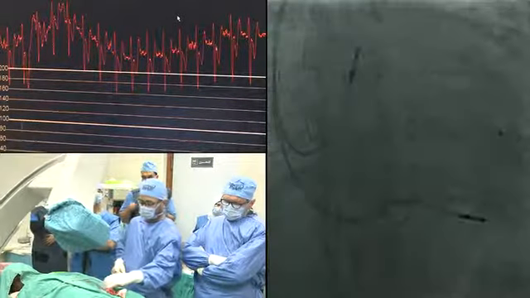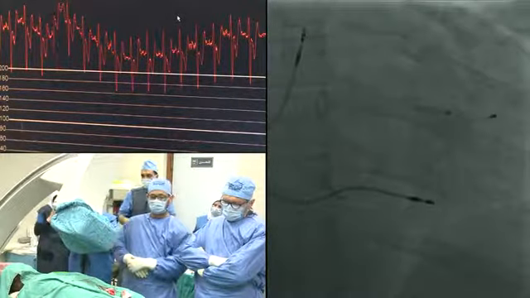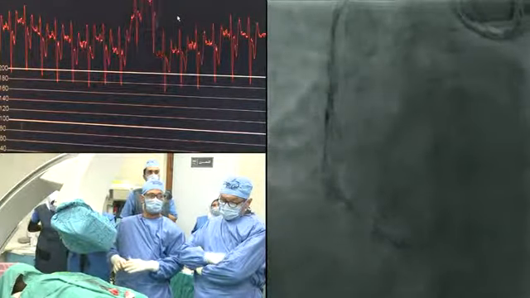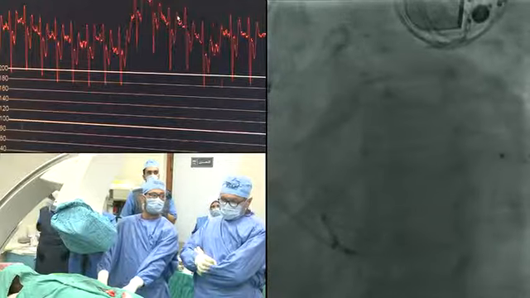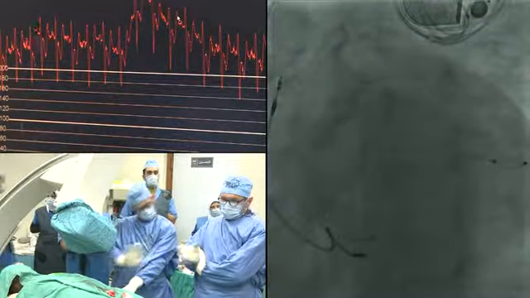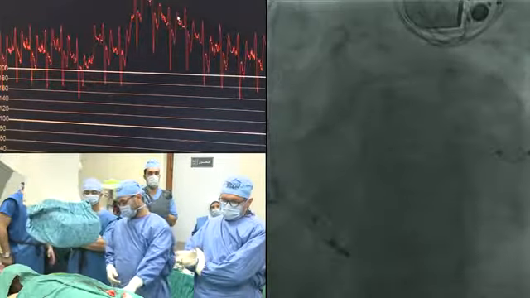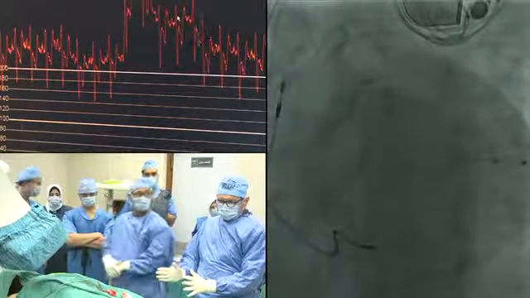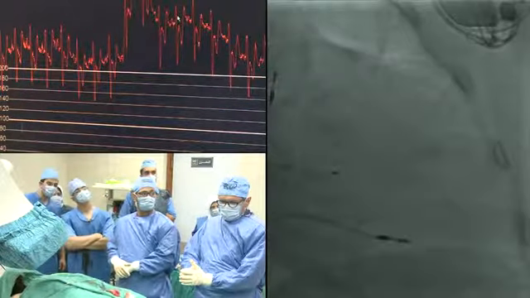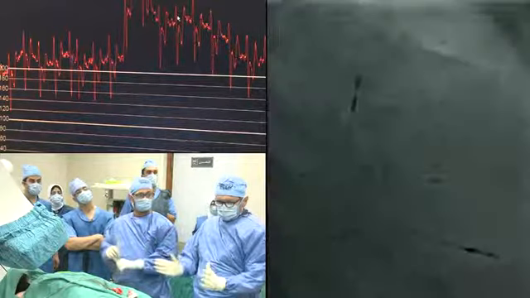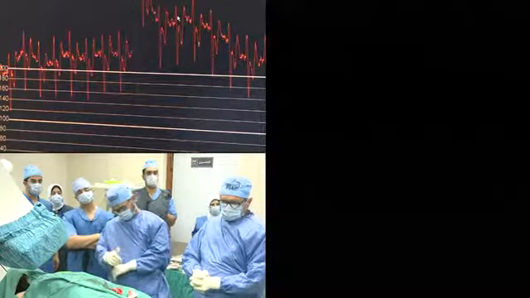Yeah, the way I would think about it in a simple way would be to try and normalize the ECG as much as possible. In other words, with delivery of CRT, we take a left bundle branch block pattern, narrow the QRS complex, and result in an ECG that looks as near normal as possible.